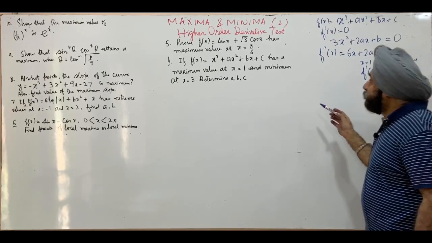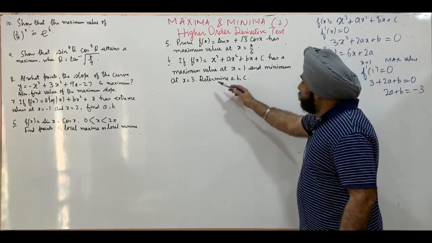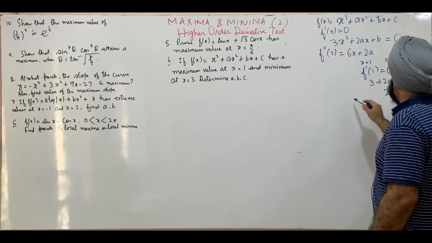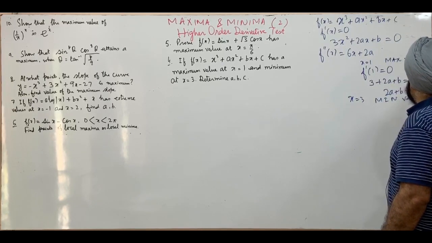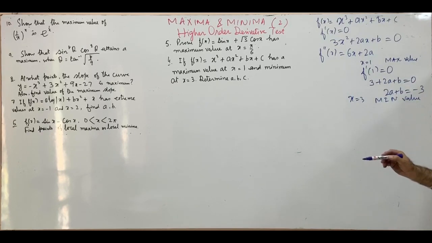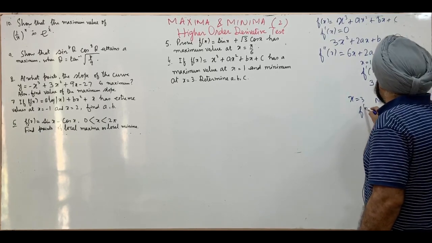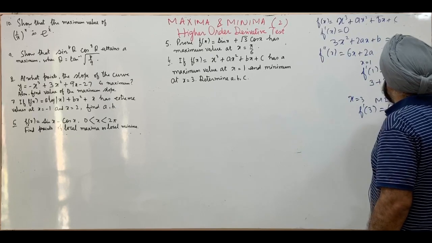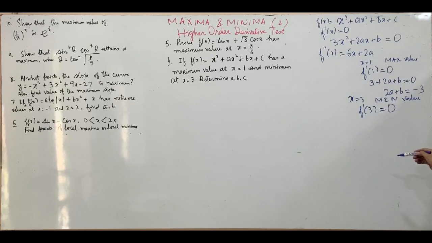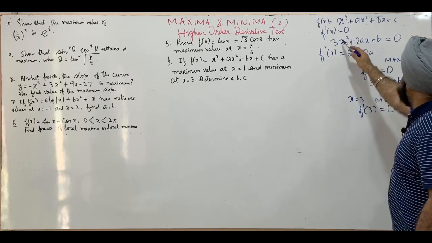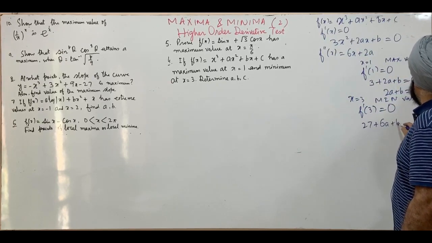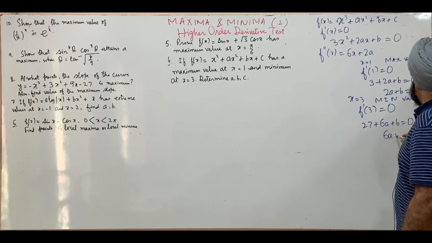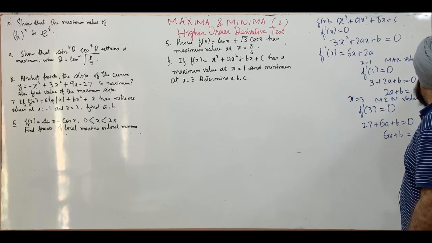Similarly, we are given that the function has minimum value at x is equal to 3. So at x is equal to 3, the function has minimum value. That means this is another critical point, and the value of the first order derivative at 3 is also 0. So this is 3 into 9, 27, plus 6a plus b, this is 0, or 6a plus b is minus 27.